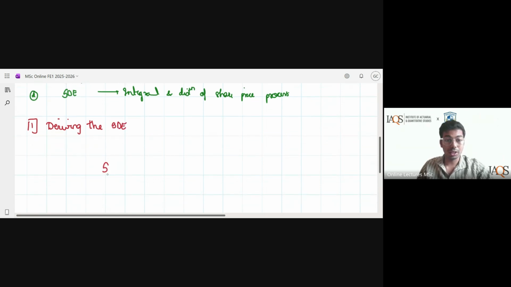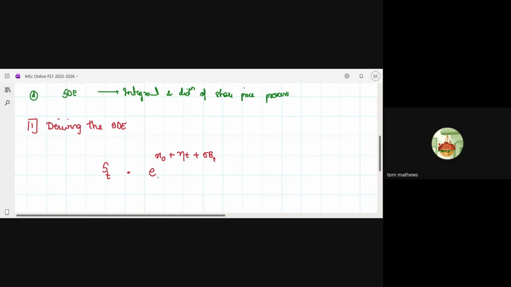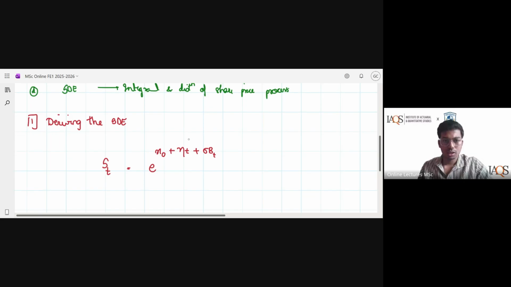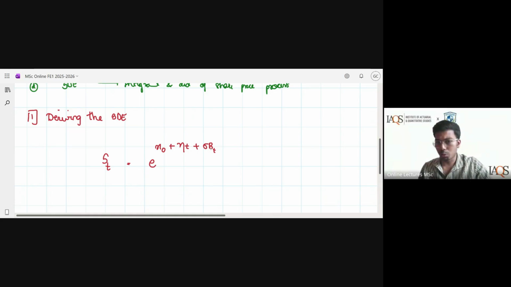I know St is equal to e raised to x0 plus eta t plus sigma Bt. Can someone tell me whether it's a multi-factor function or a single factor function? Multi-factor, because x0 is a constant, that's not a process, so forget about that. x0 is not a variable or a process function. Perfect. Because there's time and there's Brownian motion over here.